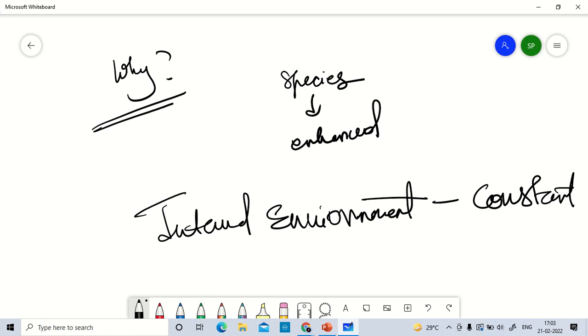So if there's a question, what is homeostasis, you need to write that when the organism successfully maintains the internal environment and keeps it constant no matter what the external environmental conditions are, however disturbing or varying, it is known as homeostasis.